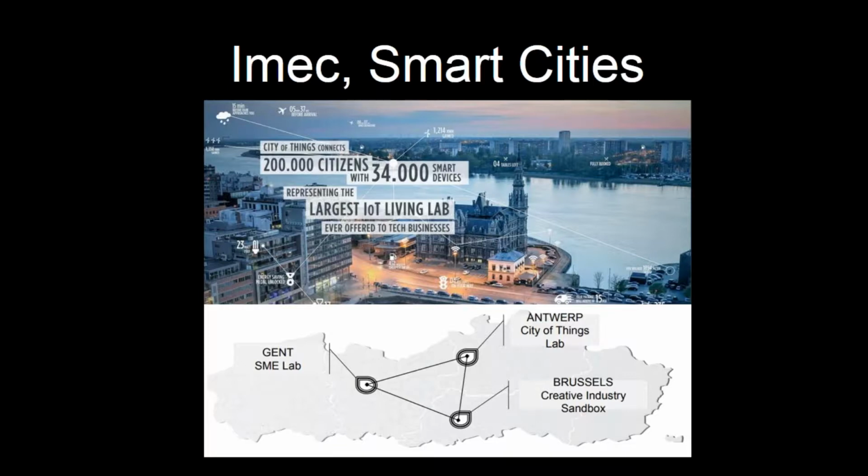As you can see, what we have here now is that they've expanded, and this is quite typical of living labs, that they'll expand and start to network out. They're working with Antwerp and Brussels on an Internet of Things living lab. And one of the key things, again, is that we're talking about 20,000 citizens.